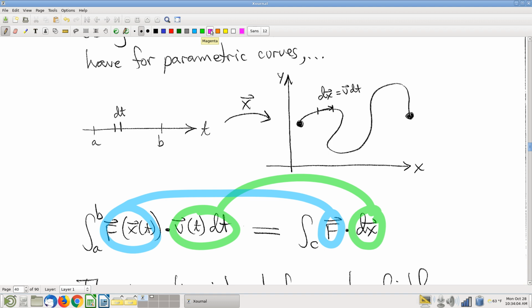The stretching factor is a size. How much bigger is this magnitude than that magnitude? Well, it's part of that vector. It's part of the velocity. Specifically, the velocity is the magnitude of the velocity times the direction that the velocity points.